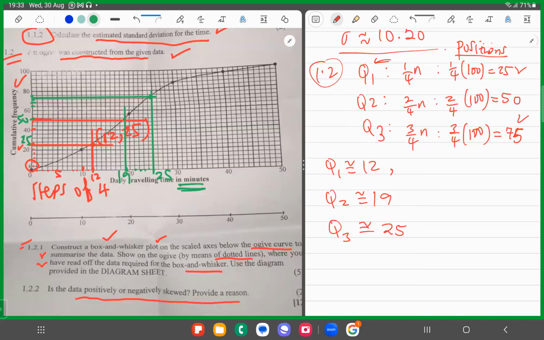Let's do this first. You'll have to plot this box and whisker of these quartiles on this diagram. After having plotted these on the diagram, you shall be in a position to continue.